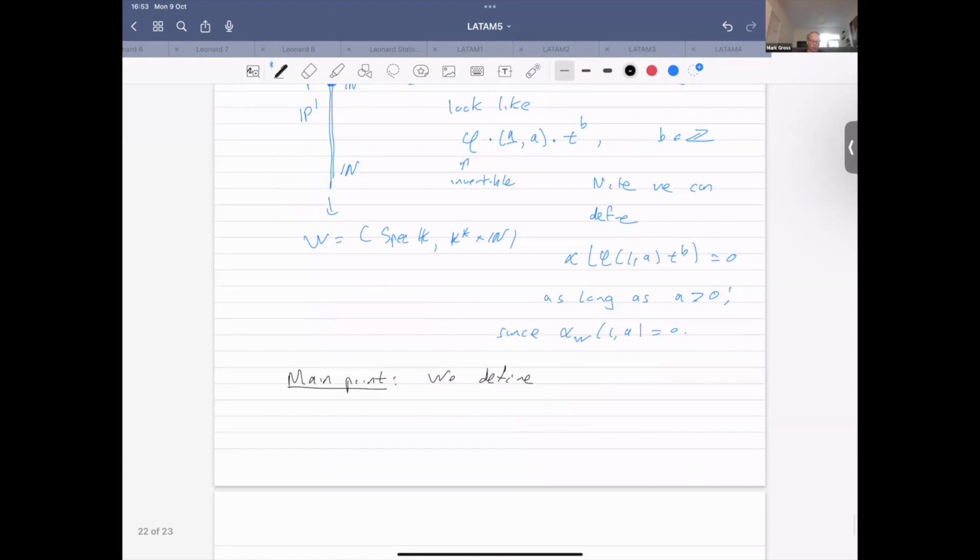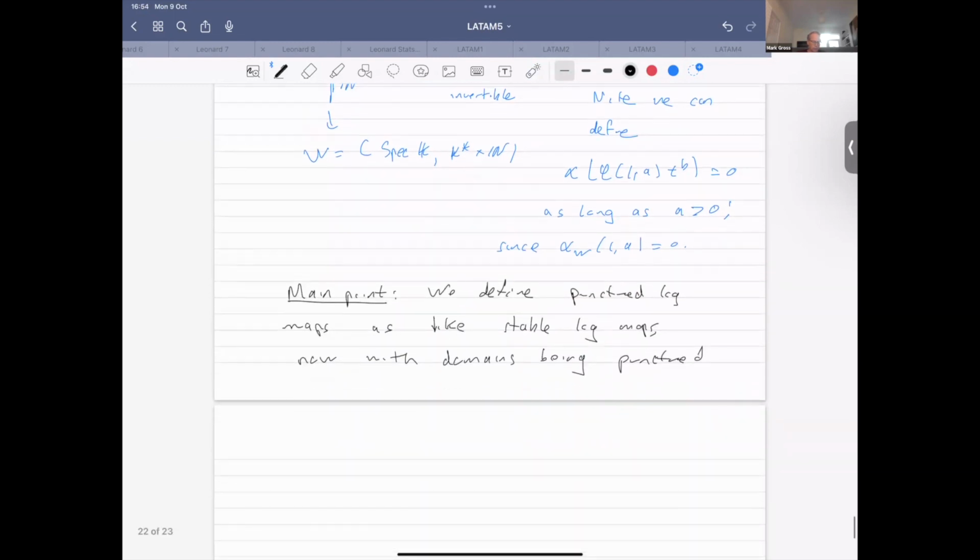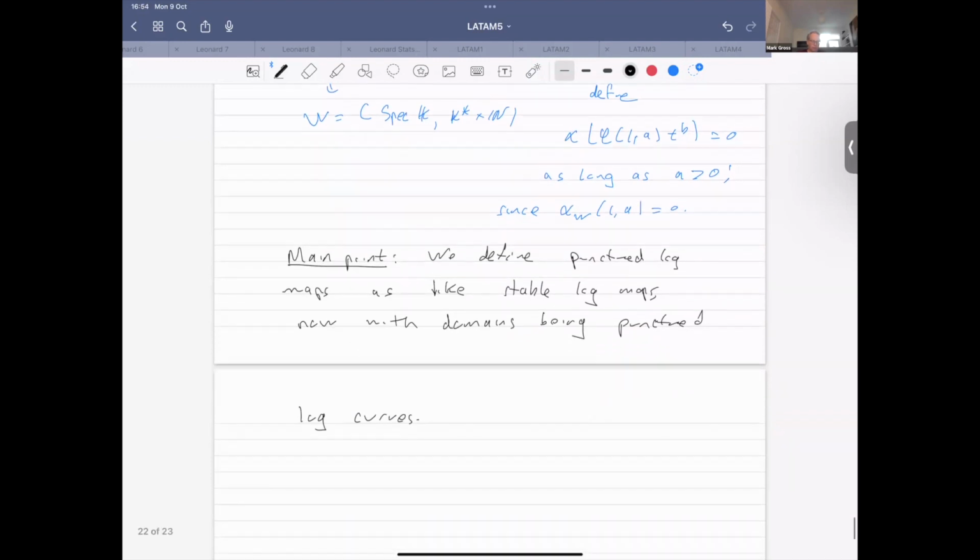We define punctured log maps as before, as like stable log maps, now with domains being punctured log curves.